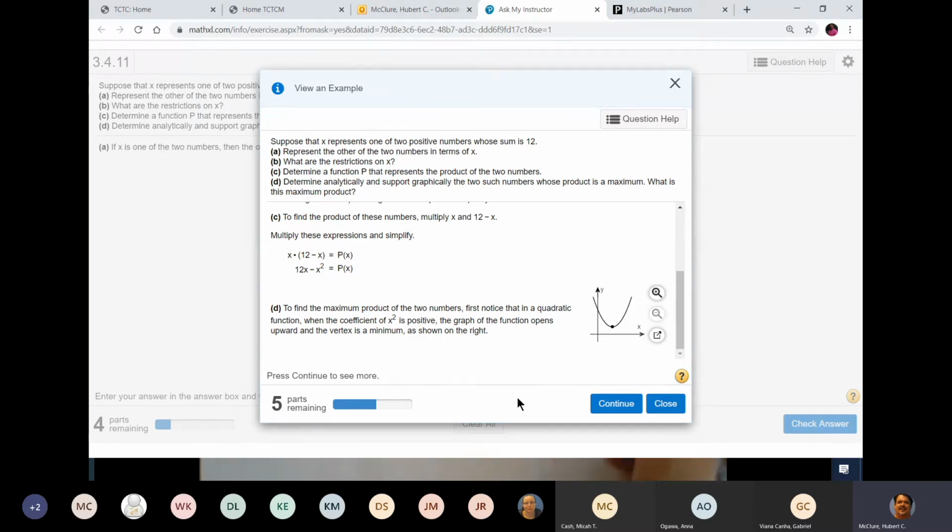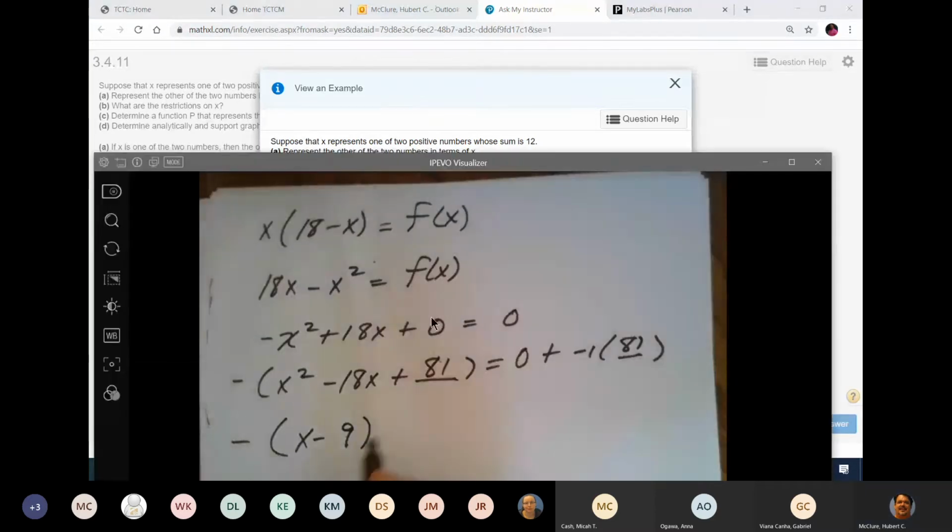And that's going to give you negative x minus 9 quantity squared is equal to negative 81. We know the sketch is concave down, and we've got a vertex of 9 and 81.